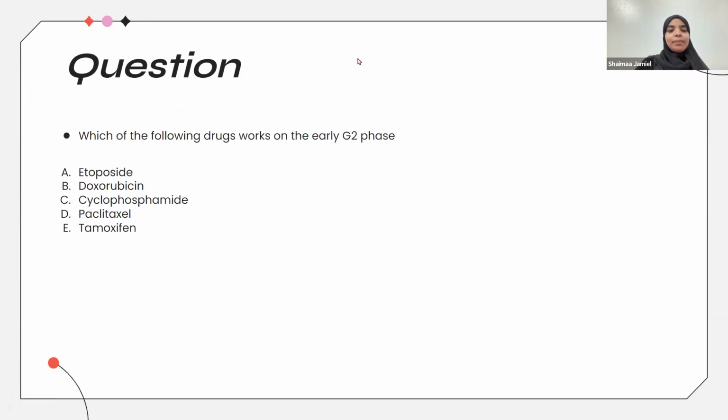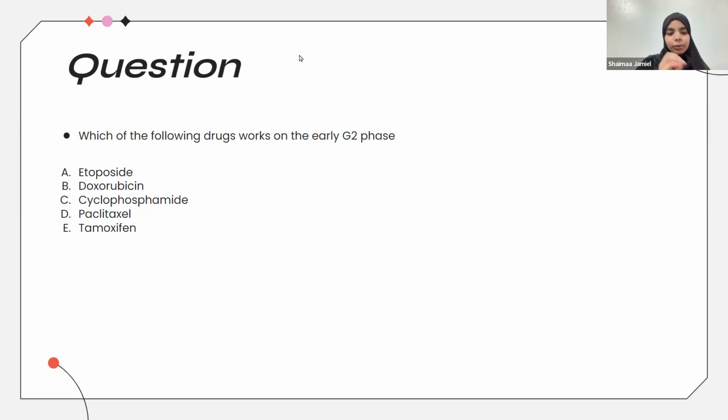Which of the following drugs works on the early G2 phase? Etoposide. Doxorubicin works on which phase? All but S specifically. Okay.